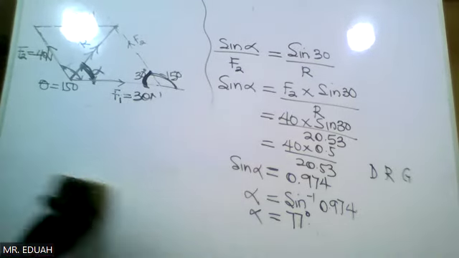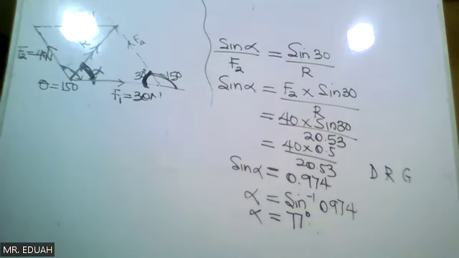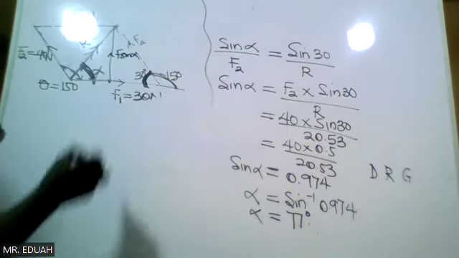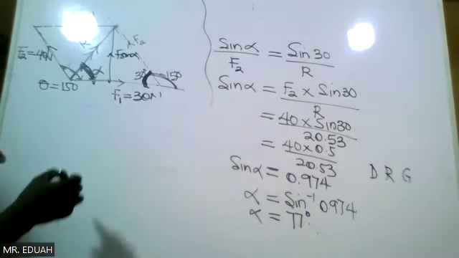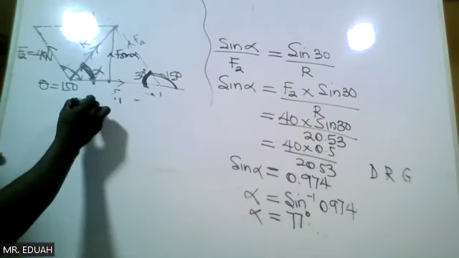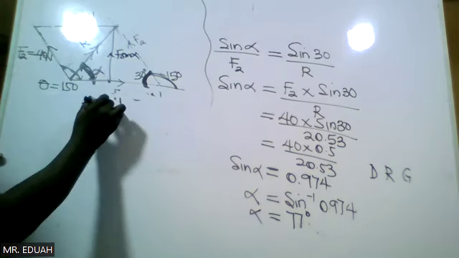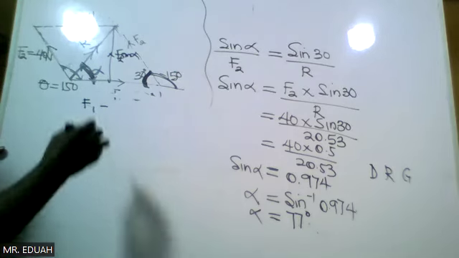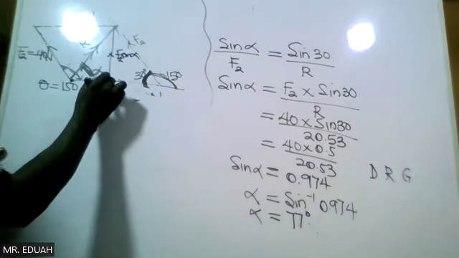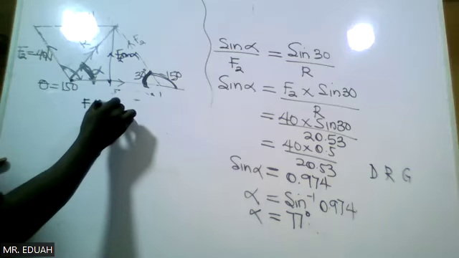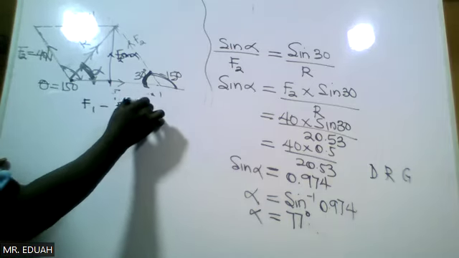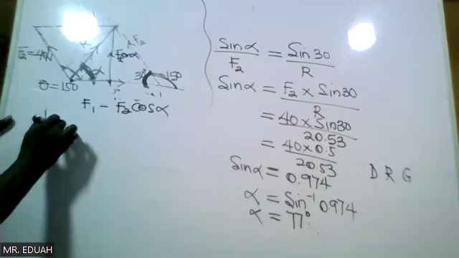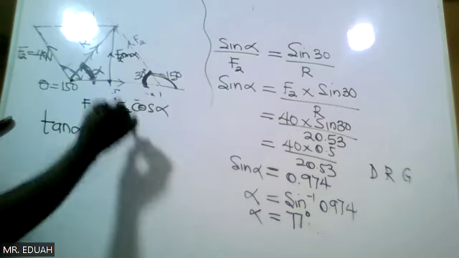Don't forget, I gave you another relation, and that is when we resolved it into F1 sine alpha, sorry, it's F2 rather, F2 sine alpha, and then we determine OD, and that is F1 minus F2 cos alpha.